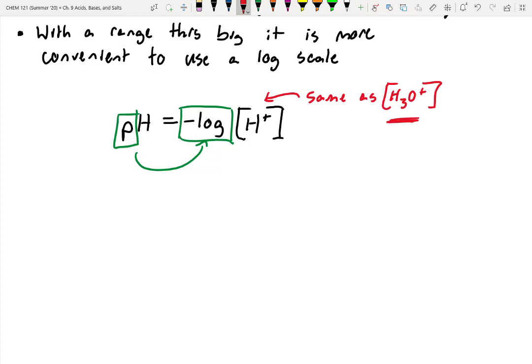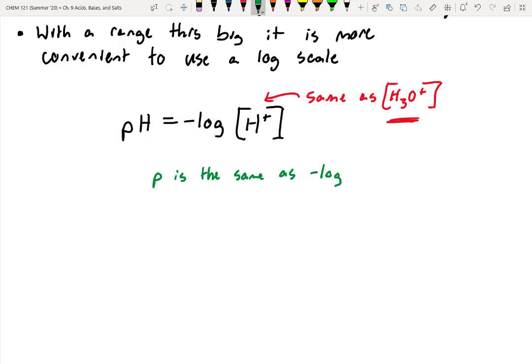But same idea. All right, so we've got this cool system set up where we can narrow down this range into a more reasonable group. And we said that P is the same as negative log, right? All right, so if you're familiar with working with logs, we can actually do the reverse.